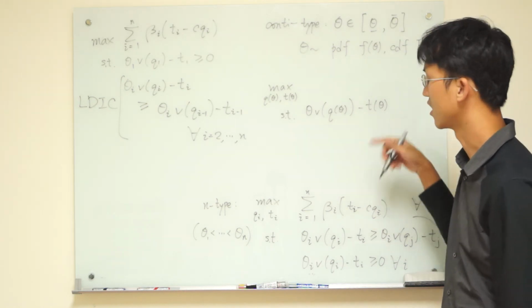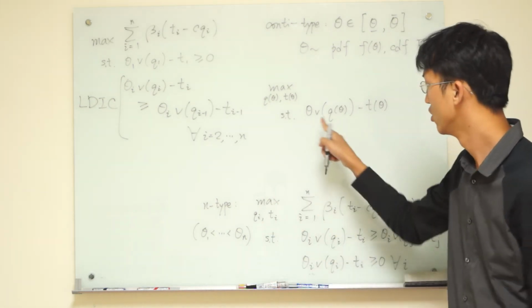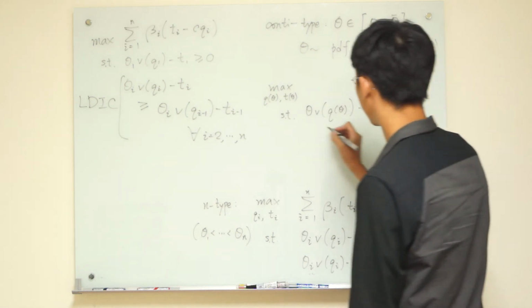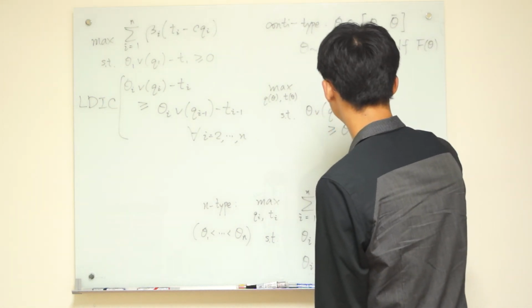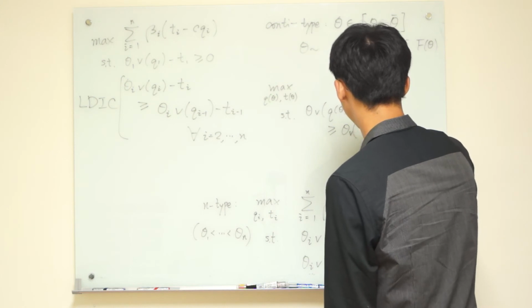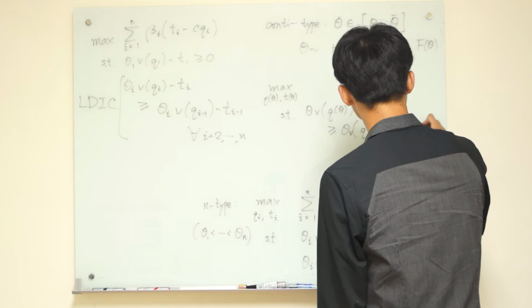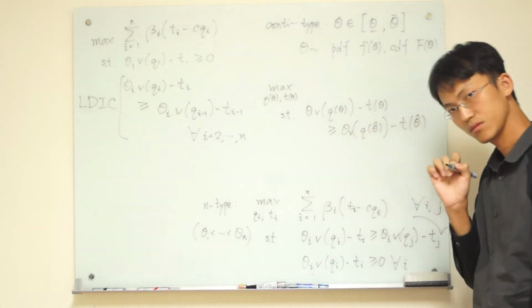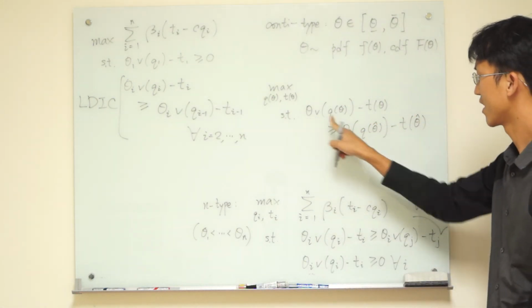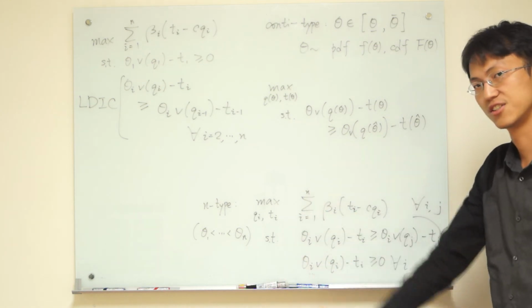So this is the type theta's payoff when he sees this. This must be greater than or equal to this one. But theta does not change. He is still him.